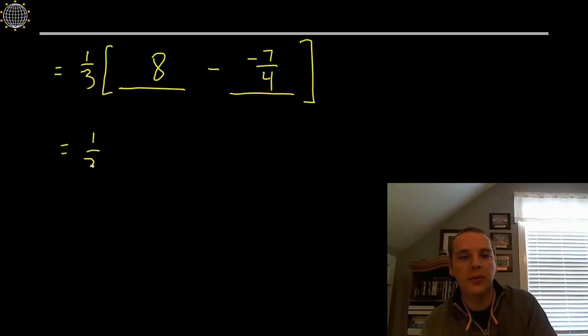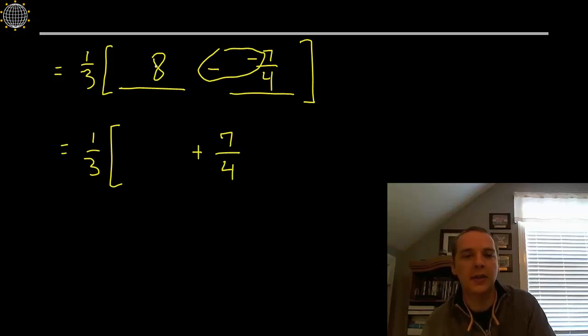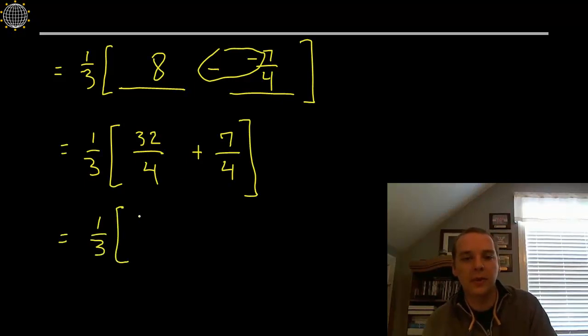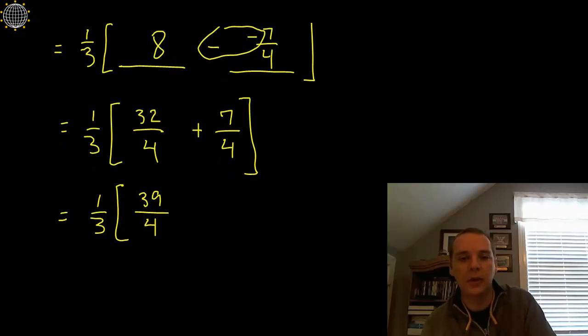So we have 1/3, and then we have to subtract, or actually add, these two fractions here, 7/4, and 8, if you found a common denominator, would be 32 over 4, which is still 8. And so we'd have 1/3 times 39 over 4, 32 over 4 plus 7 over 4.